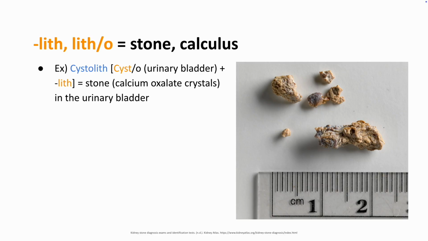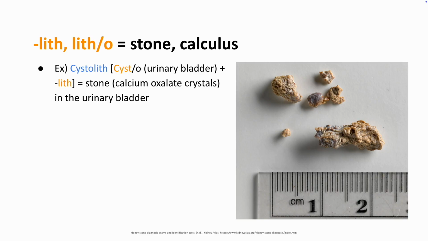So one example is cystolith. Cysto is a combining form for urinary bladder, and then plus lith, stone. So it's a calcium stone in the urinary bladder. And that's a very extreme case, but usually you will have multiple small, hard, actual rocks of calcium stones in your urinary bladder.